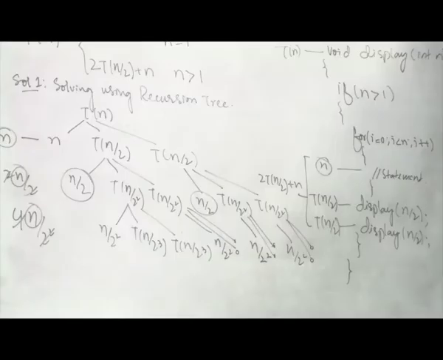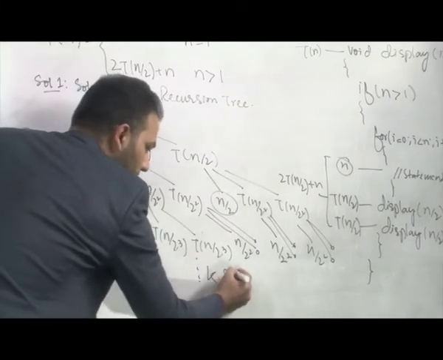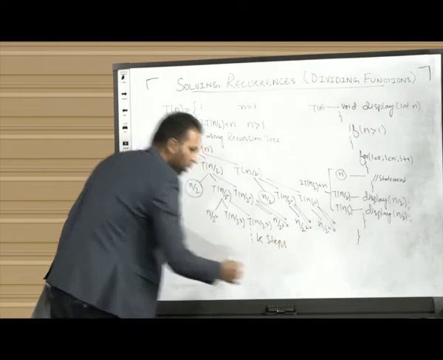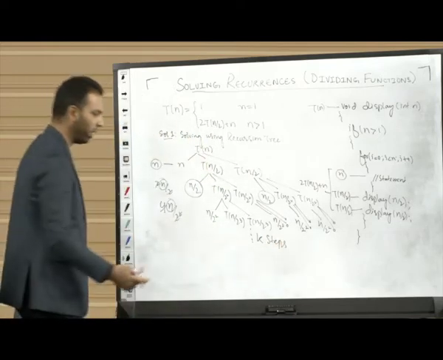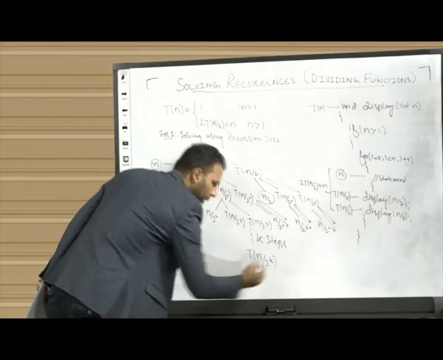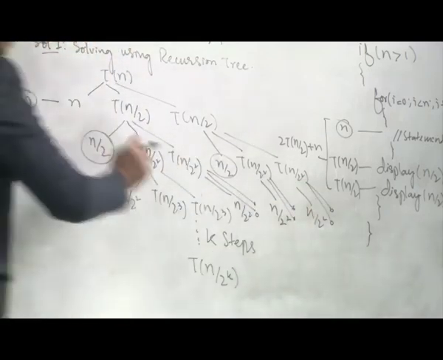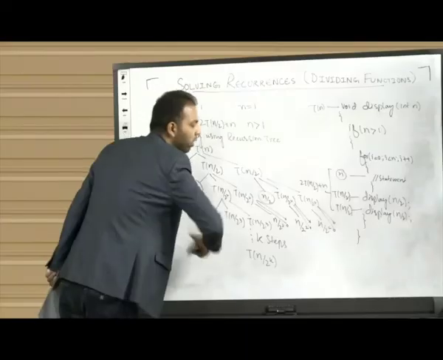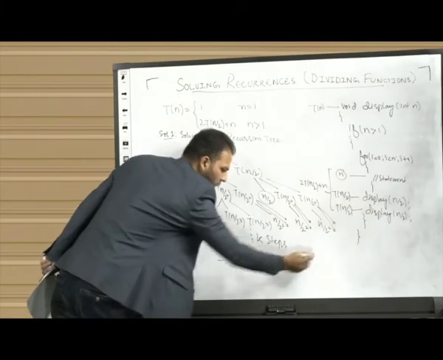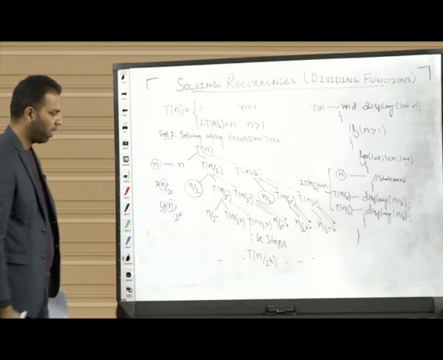So after k steps, this will stop. But what will be the value at that time? The value will be t n by 2 raised to the power k. There will be a whole bunch of t n by 2 raised to the power k, but I'm just writing one there that we have to solve.